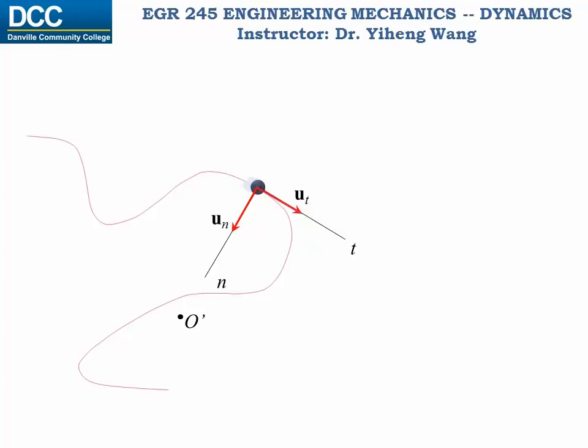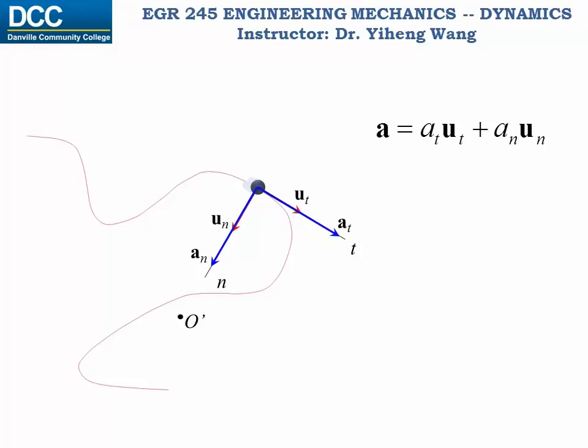Here I'm skipping the mathematical derivation, but we can derive that acceleration will always have two components, a_t, the tangent component, and a_n, the normal component. Therefore, the acceleration is written in normal and tangential components as a equals a_t ut plus a_n un.